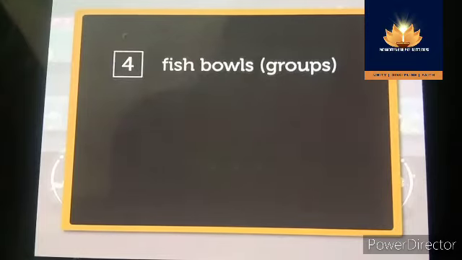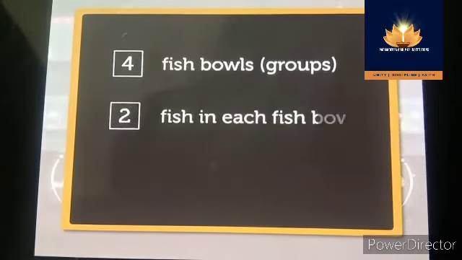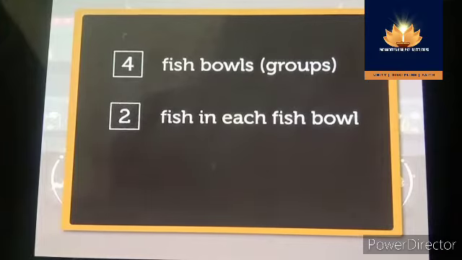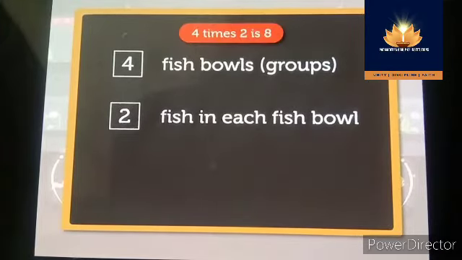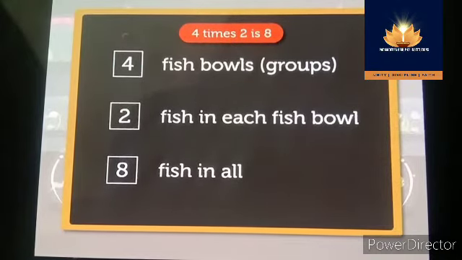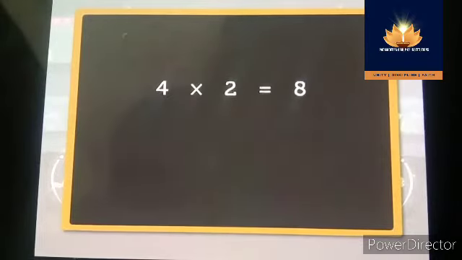So there are 4 fish bowls, 2 fish in each bowl. Now 4 times 2 is 8. So there are 8 fish in all. Let us use the multiplication symbol to write this statement.